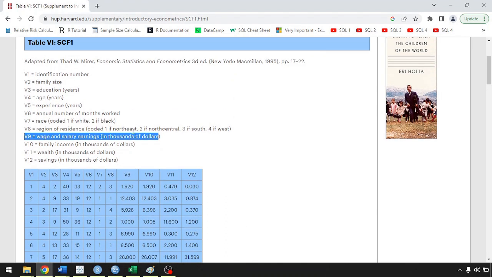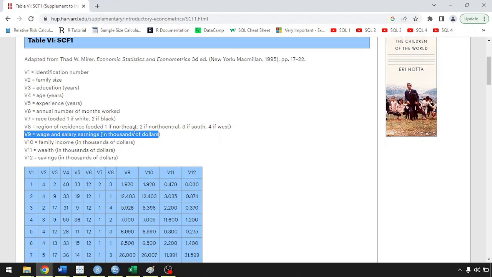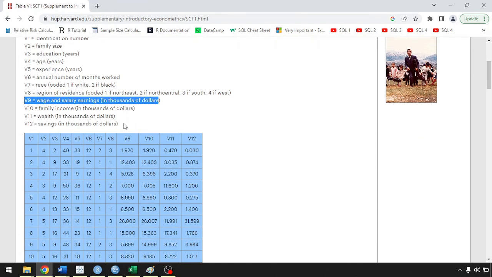It does not specify what country this data comes from or what region. But it contains this information: family size, education in years, age in years, experience in years, number of months worked, race, region, earnings, family income, wealth, and savings.